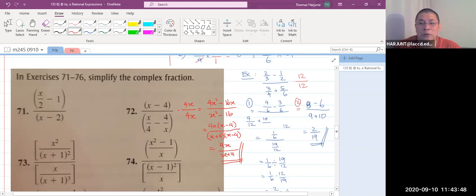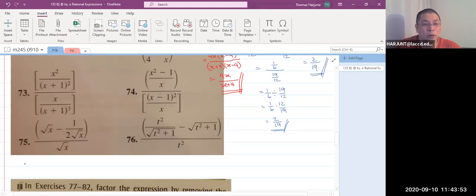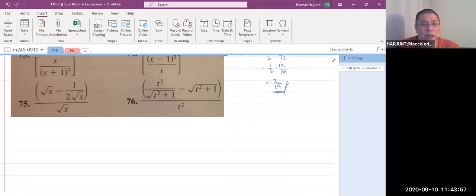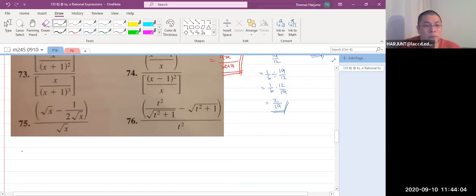Number 74 happens to be already in 1 fraction over 1 fraction. So I don't think I will use that method. Well, you still can. Let's do it that way. Number 74, the numerator is x squared minus 1 over x. The denominator is x minus 1 squared over x.